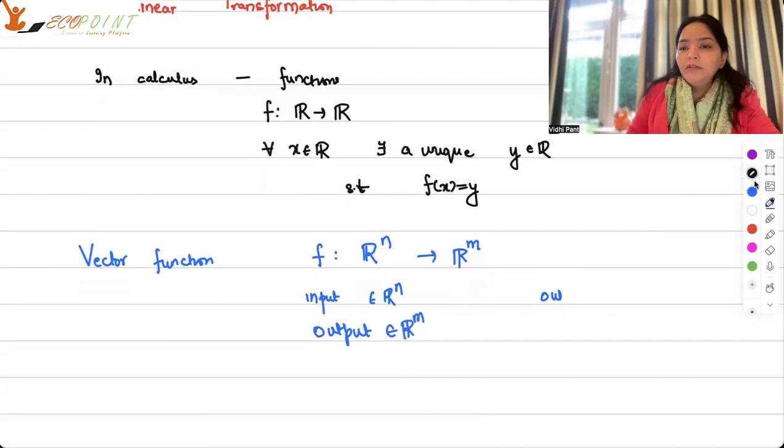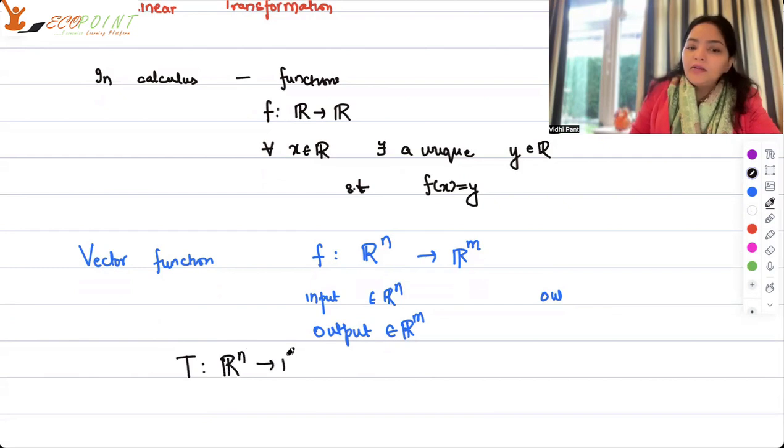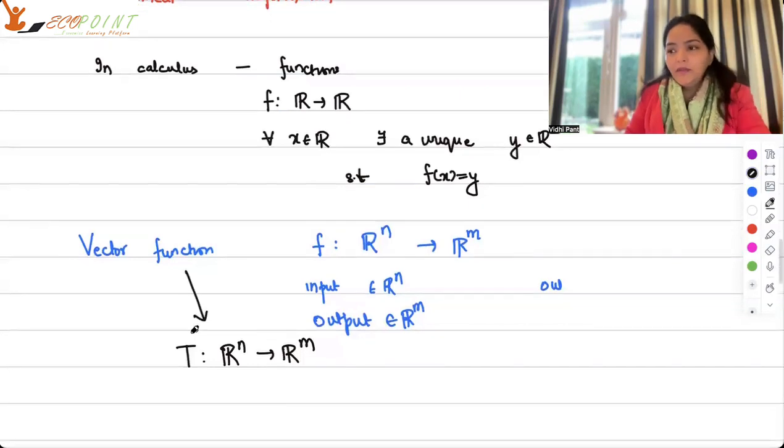More often we don't use f here; we use T. A function T from Rn to Rm is called a vector function.